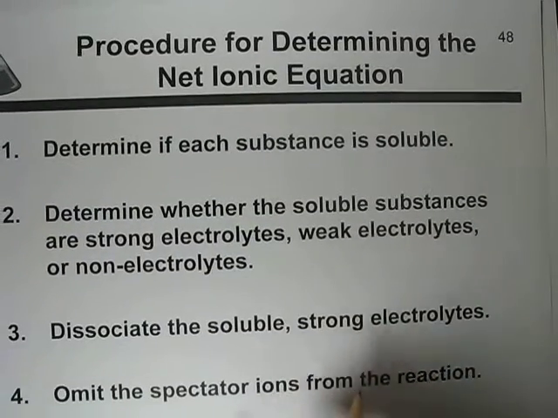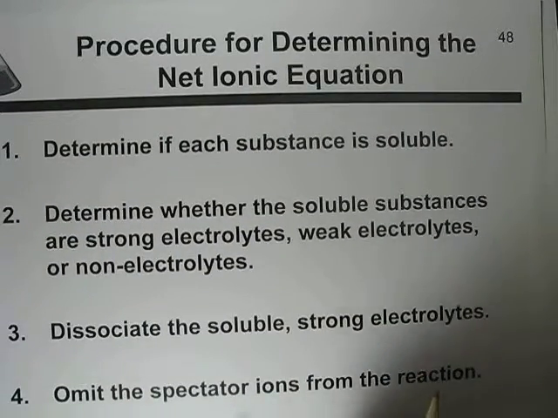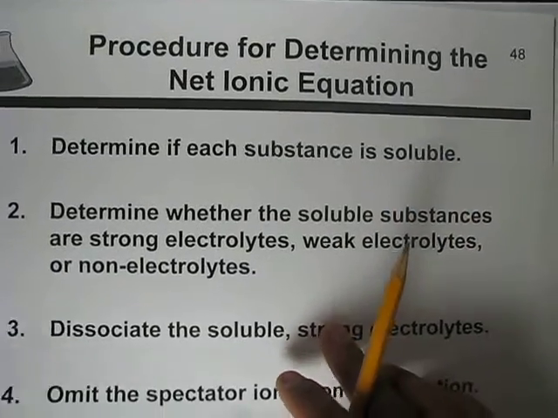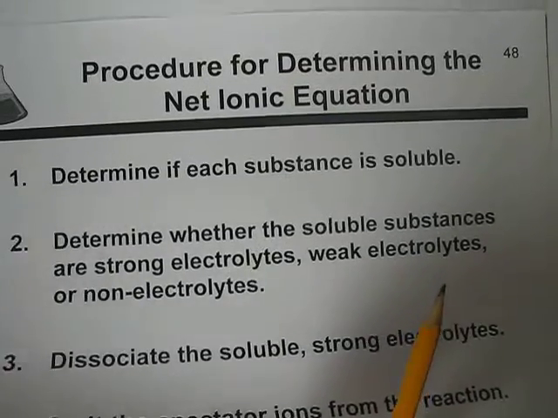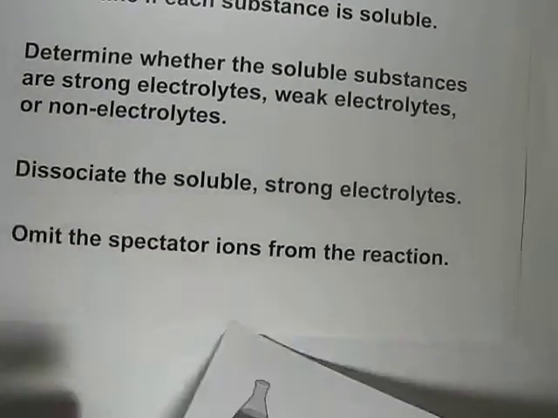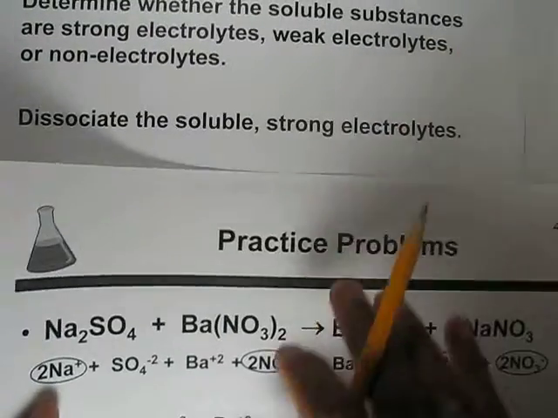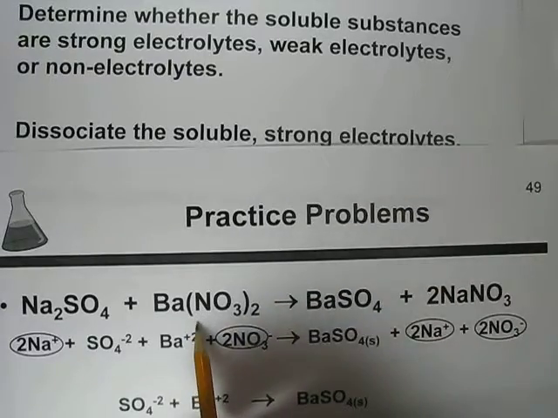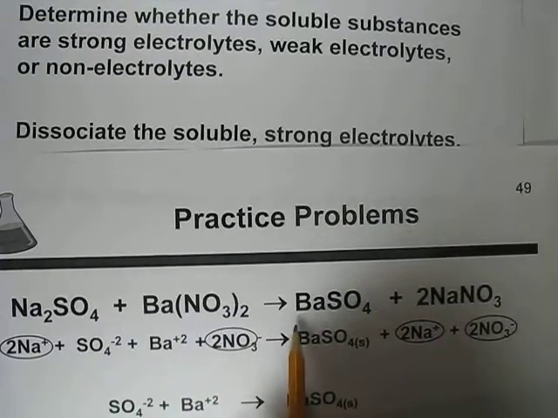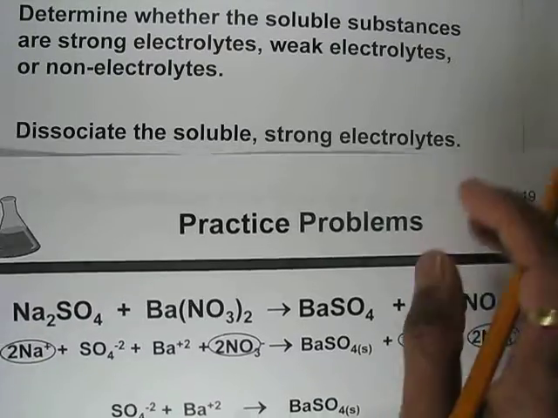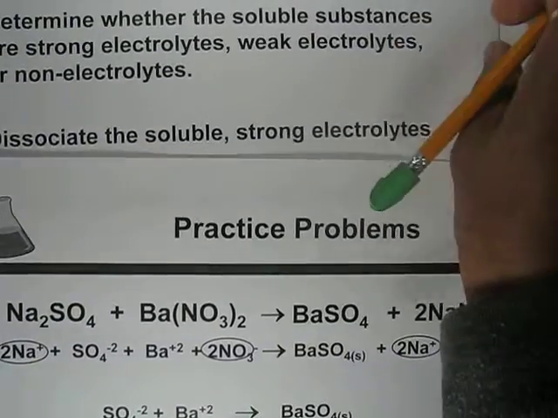These four rules will be considered in determining the net ionic equation. We will see some more examples so we can understand these rules much better. For example, sodium sulfate reacts with barium nitrate, and barium sulfate and sodium nitrate form.